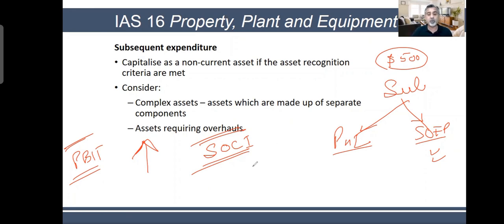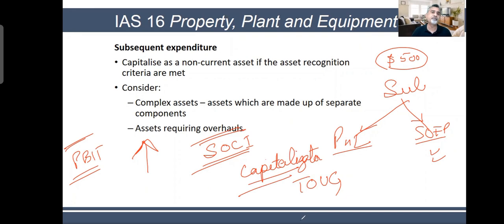And remember always, capitalization, we call it capitalization. Capitalization means taking an asset to the balance sheet. Capitalization criteria are always tough. IFRS has a tendency of taking it to P&L. By default, IFRS wants maximum expenditure to come to P&L.